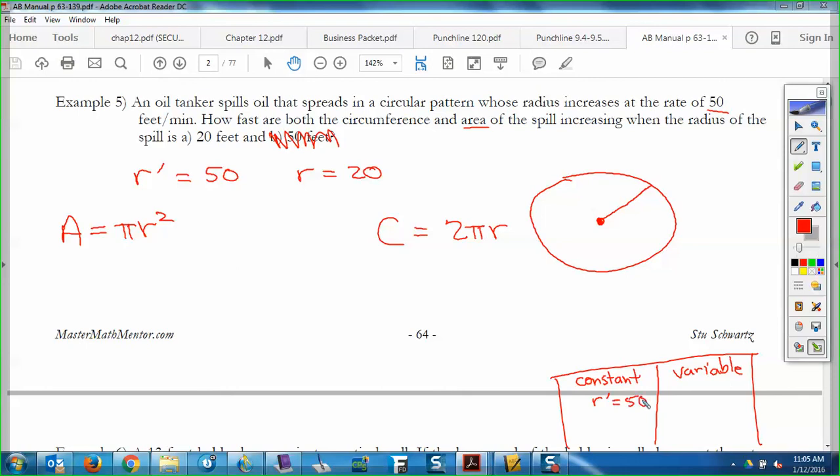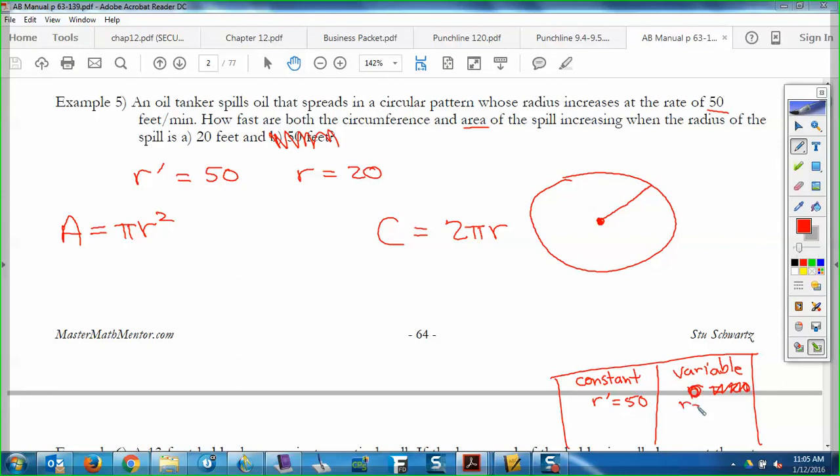Okay, what's variable in this problem? R is variable, right? That 20. Maybe so we're only writing 20. R is variable, right? Because this is growing. So what they say is anything that's in the variable column, do not plug in until the very end.